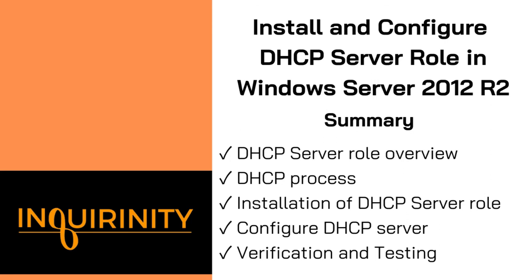Then we added a new scope, which contains the lease range, the subnet mask and the DHCP options, for example, the default gateway or our router, as well as the domain name and the DNS server's IP.